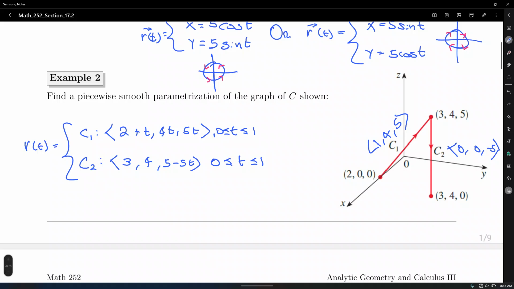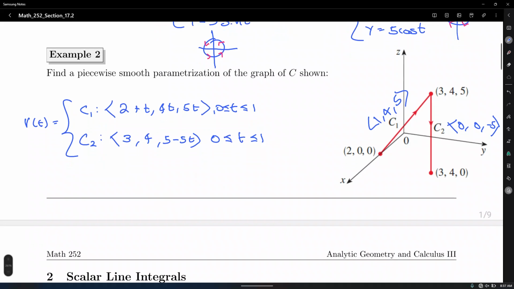Next C, 0 to 1, game over. If you had a C3, 0 to 1, C4, 0 to 1, C5, 0 to 1. So don't make this complicated, because you are going to wish to have all these limits of integration, 0 to 1, all the time. You'll see when we apply this to the integrals.